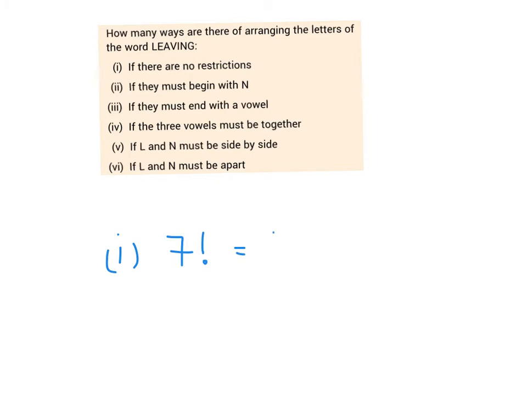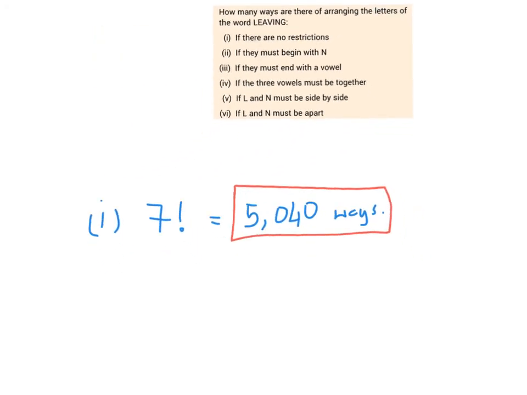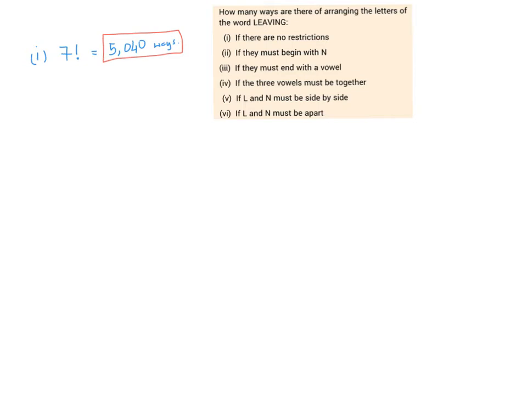We put that into our calculator and we get 5040 ways. In fact, we did it earlier. Okay, so that's our answer to the first one, but just again, no restrictions, so it was just plain and simple factorial.